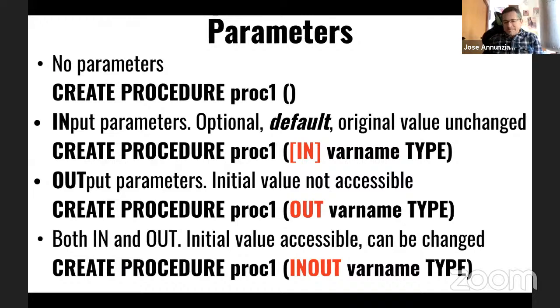So parameters. Now, parameters are optional in stored procedures and in functions, right? And by default, those parameters are defined as in, or input parameters, right? So notice that there's in in brackets, meaning that that is the default interpretation of a parameter that you're passing.